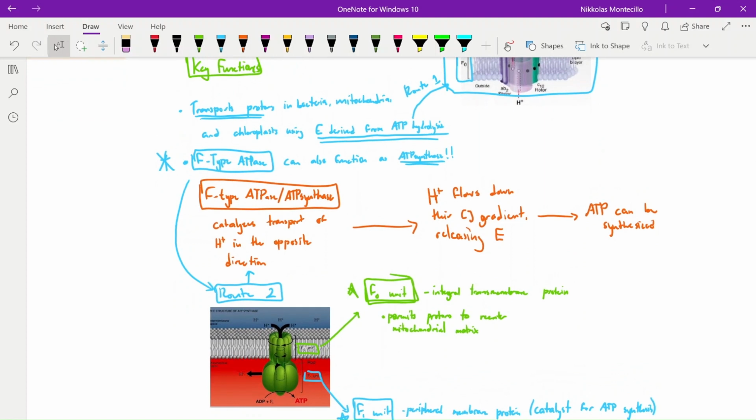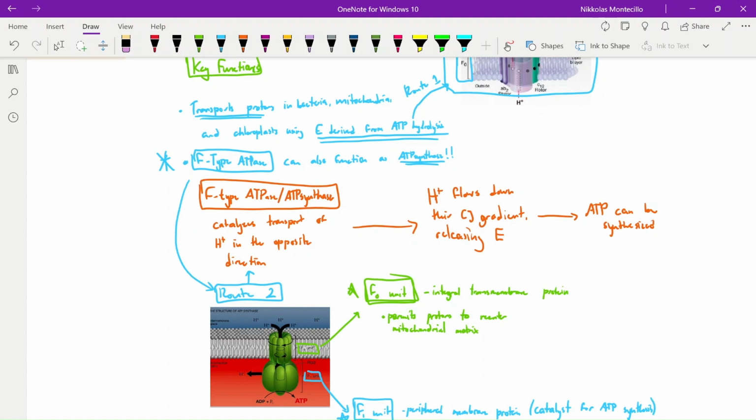And when it catalyzes transport of hydrogen protons in the opposite direction, so going from the IMS to the matrix, going down their concentration gradient, hydrogen protons release energy.